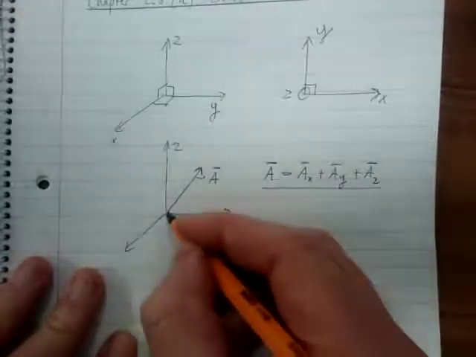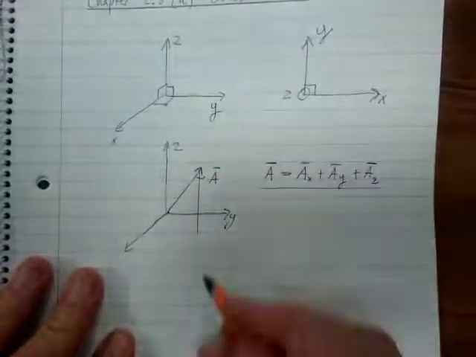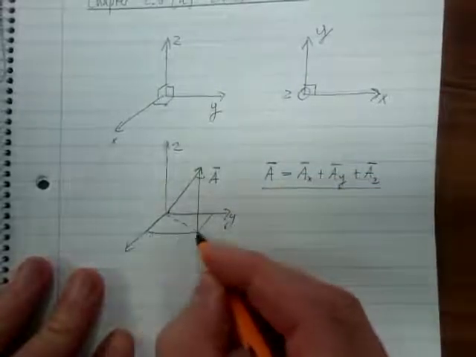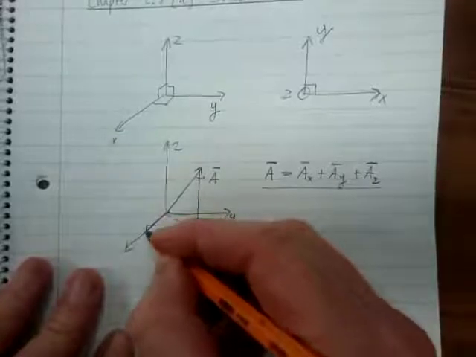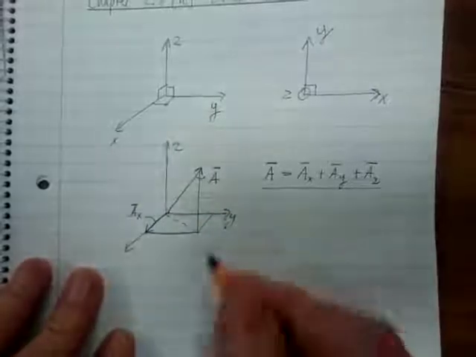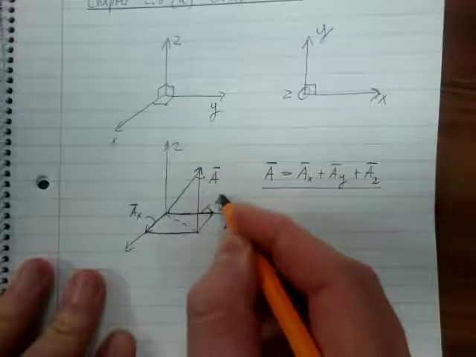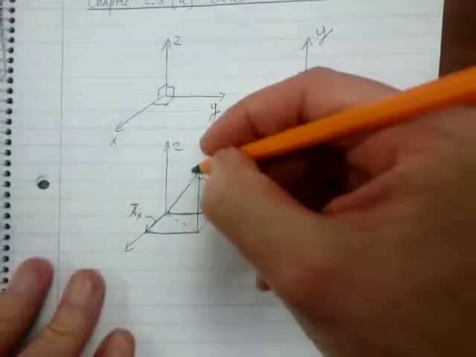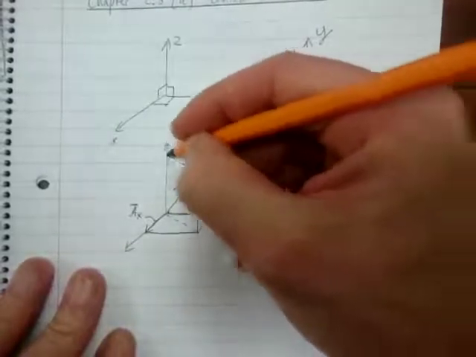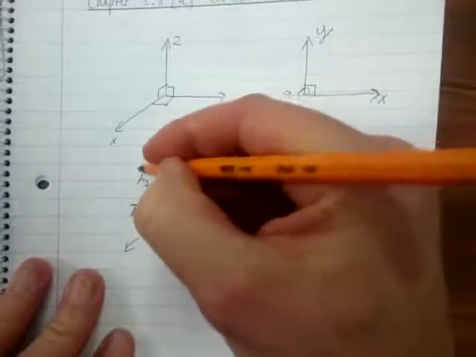If we draw that down like that, and we draw that like that, we will see that this refers to our Ax vector, that refers to Ay, and then we again need to make use of the parallelogram method. That then is our Az component.